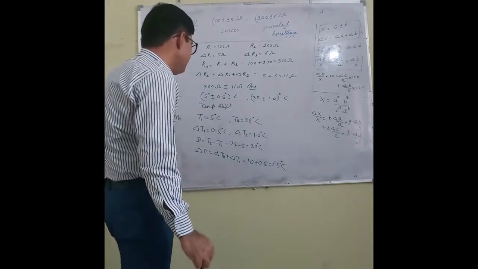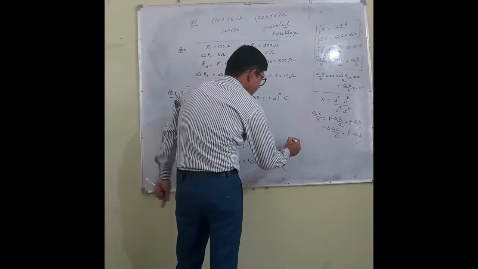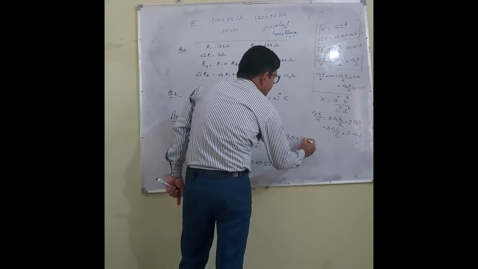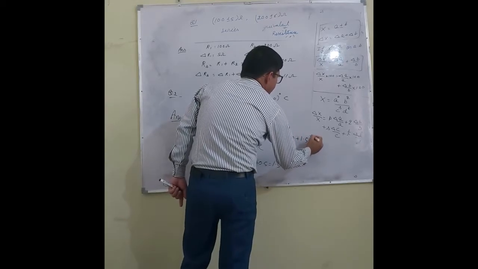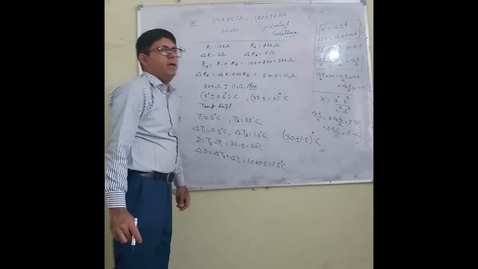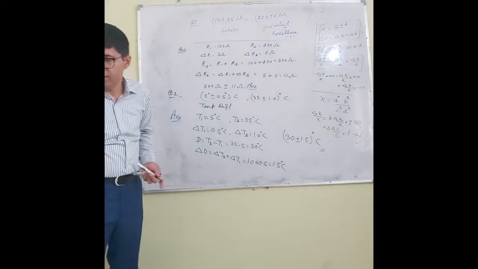So the temperature difference is 30 plus minus 1.5 degrees Celsius. This is the temperature difference with error limits.